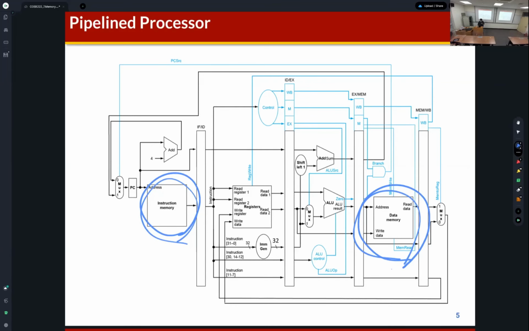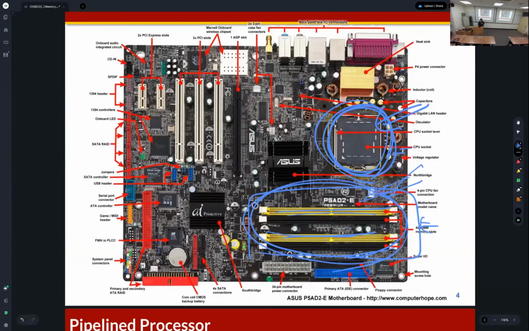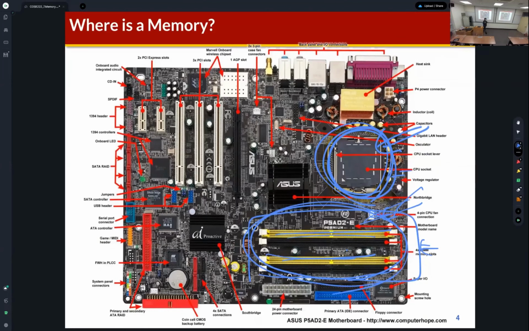Actually, in real computer systems, memories are organized as a memory hierarchy. Hierarchy means 계층 구조 in Korean. It is like there is a king at the top of the hierarchy, and then there are some people under this king, and also some normal people below.